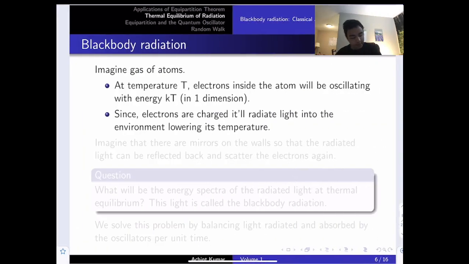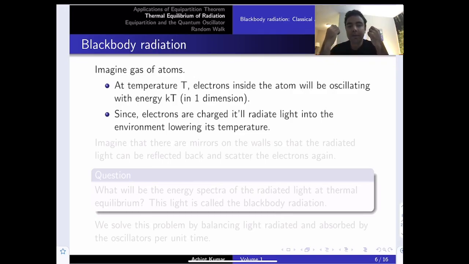Okay, next I'd like to talk about black body radiation. This is a very important problem which actually led to the development of quantum mechanics. The problem is as follows. Imagine we have a gas of atoms which are colliding with each other, and they are in equilibrium.